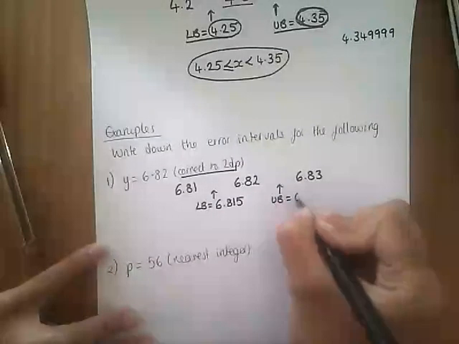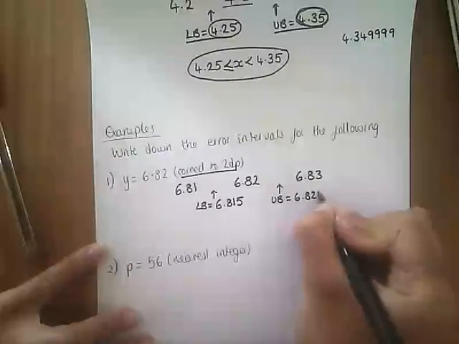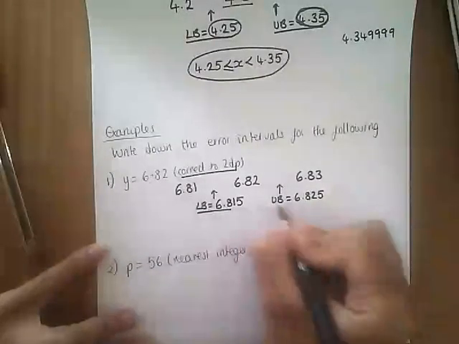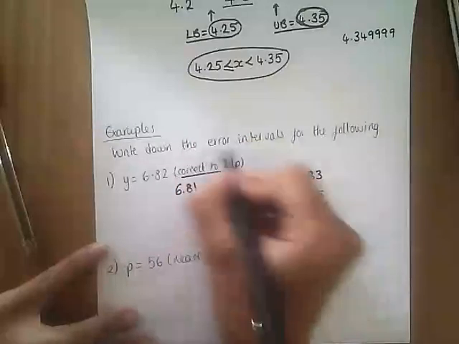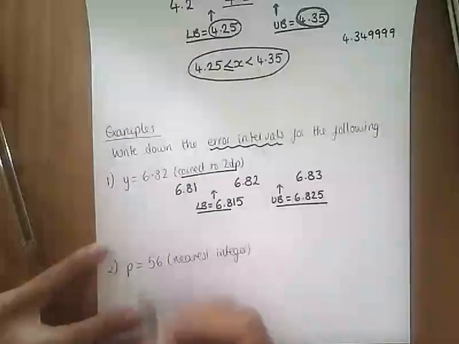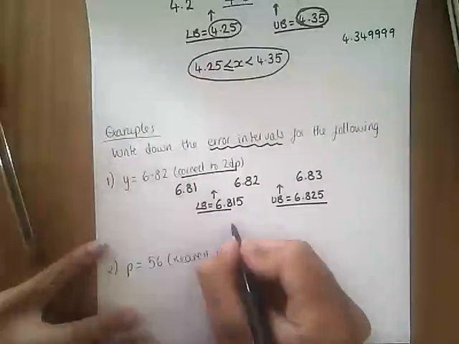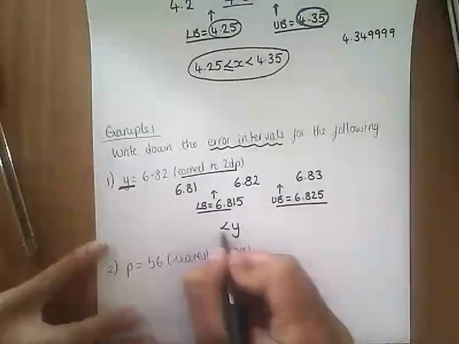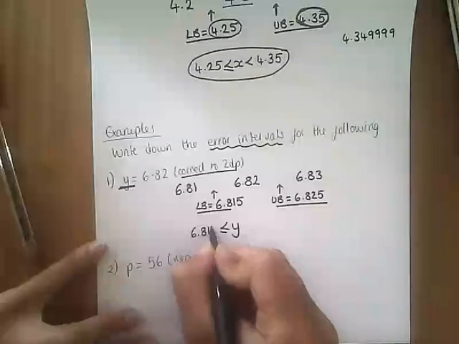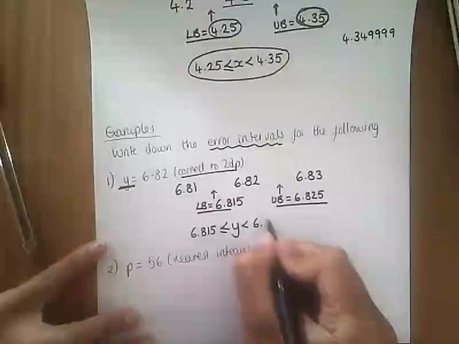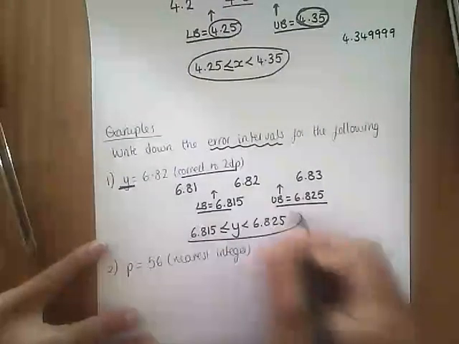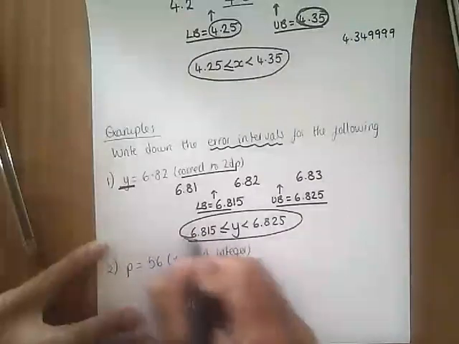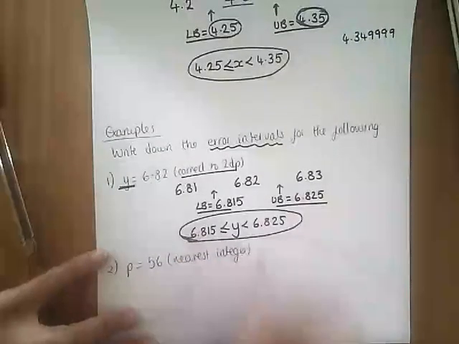So that will be 6.825. That's our lower, that's our upper. We have been asked for the error interval. So we're going to put, it's called y now, so just watch out for what they've called it. y has got to be bigger than or equal to our lower bound, but less than our upper bound. And you see what I was saying earlier about the crocodile, the inequality signs just staying the same way? They still stay the same way.